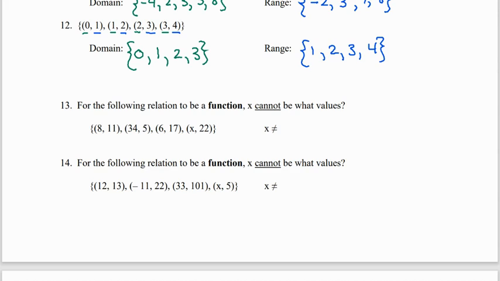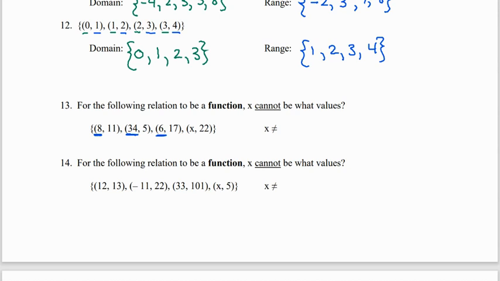Right now, would everybody agree this is a function? Because remember, a function means x's can't repeat. Do you see 8 showing up again? Yes or no? No. So far we're good. Do you see 34 showing up again? No. And do you see 6 showing up again? No. Good. So far we're a function.